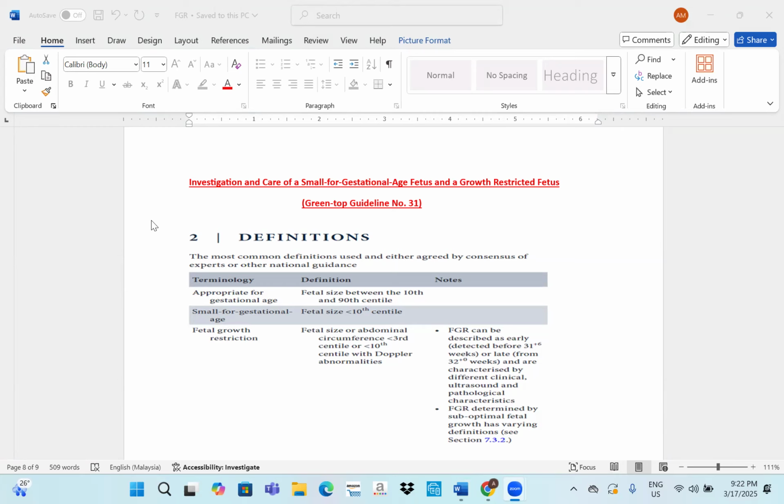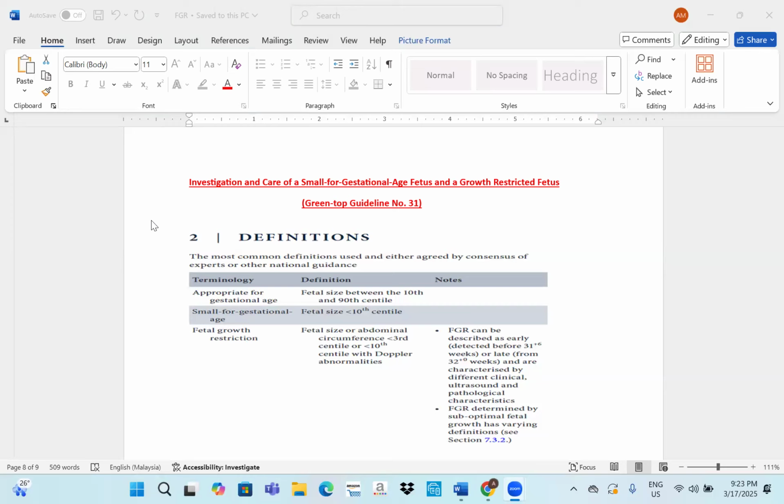Only the size, the abdominal circumference or the estimated fetal weight, is less than third centile. This is the single criteria for the fetus to be the growth restricted fetus. Okay, but because we already know if the fetus is less than 10th centile, it is SGA. For a fetus to be less than 10th centile along with the Doppler abnormalities, then we call this fetus a growth restricted fetus. Okay.